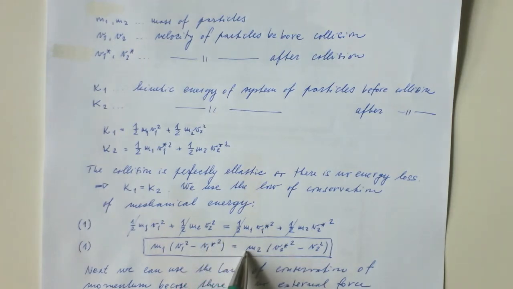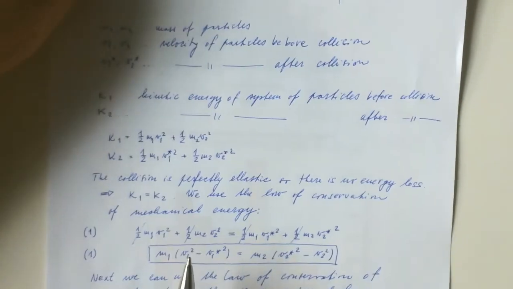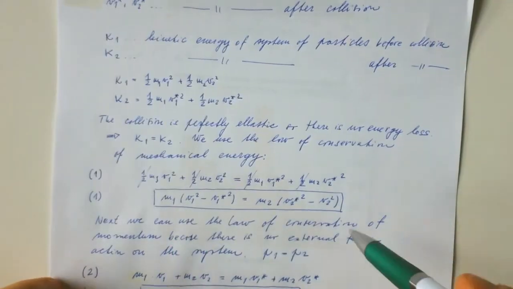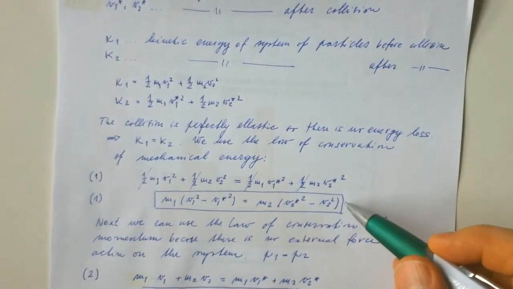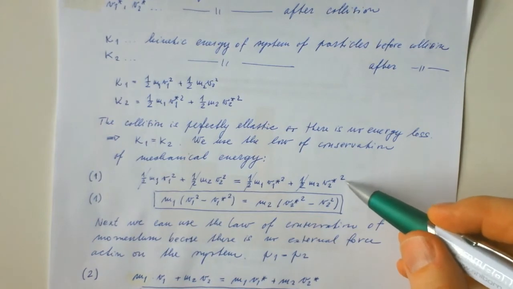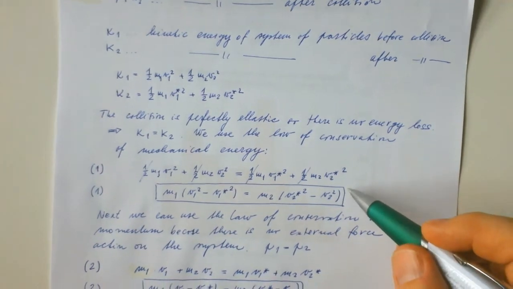And on the right side there remains m2 by this minus m2 by this, and m2 is out of the brackets. Okay, so in this form we can prepare this equation for further calculation.